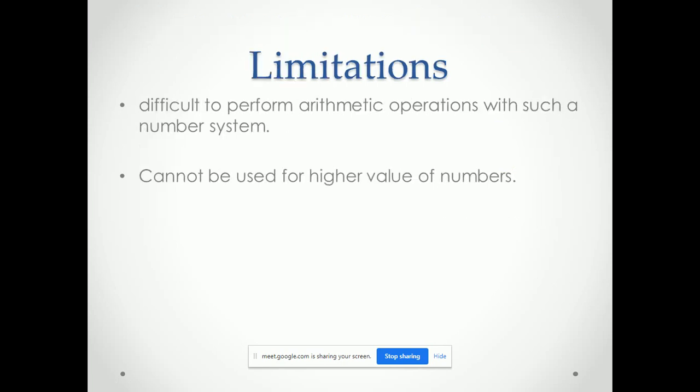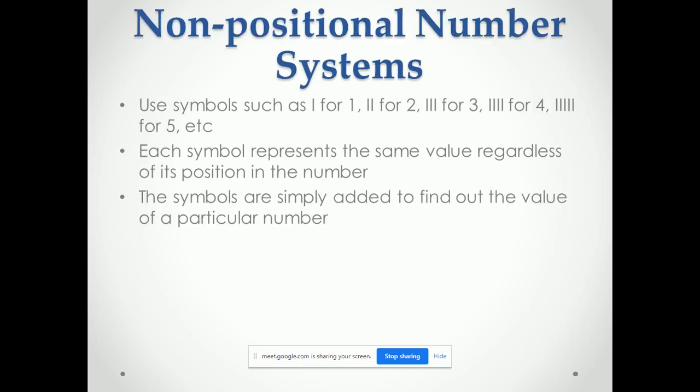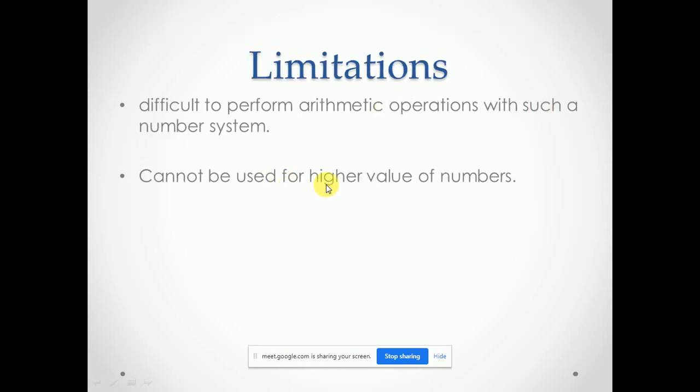So we are also seeing the limitations. What are the limitations? It cannot be used to perform arithmetic operations. With these numbers, you cannot perform arithmetic operations. Okay, and it cannot be used for higher values of numbers.